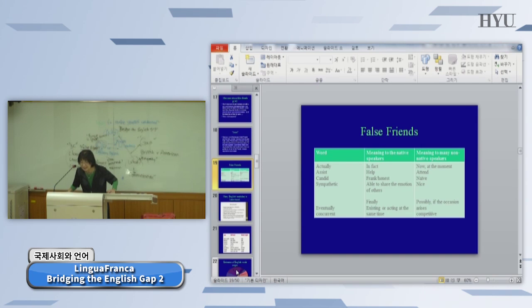The word assist means "help" to native speakers, but to others it means "attend." The word candid means "frank" or "honest" to native speakers, but "naive" to many non-native speakers. Sympathetic means the ability to share the emotions of others, but to many non-native speakers it means "nice."